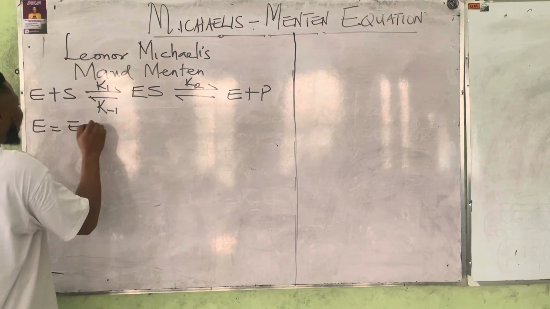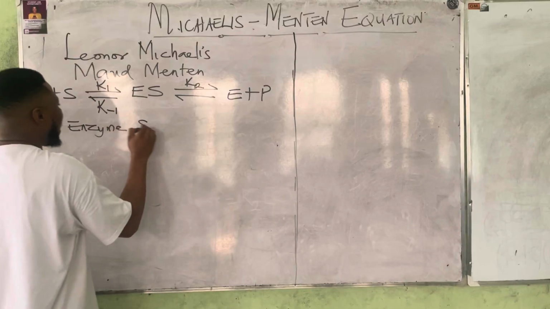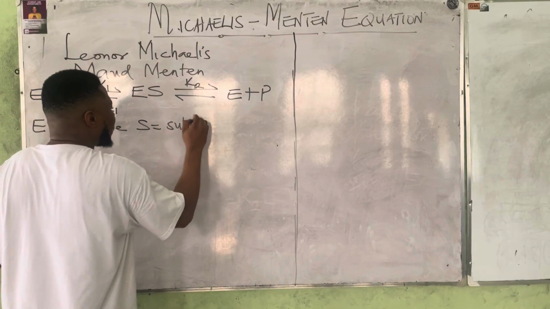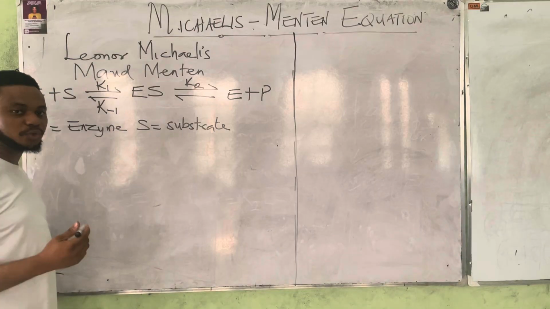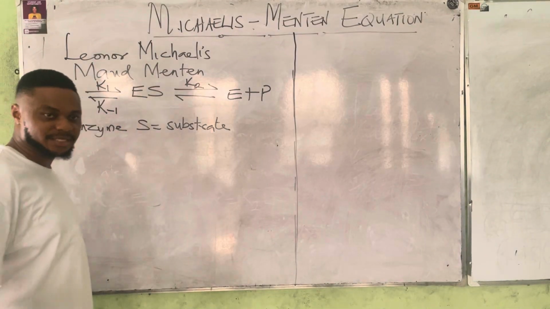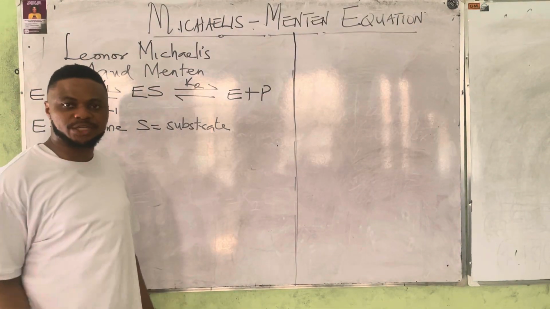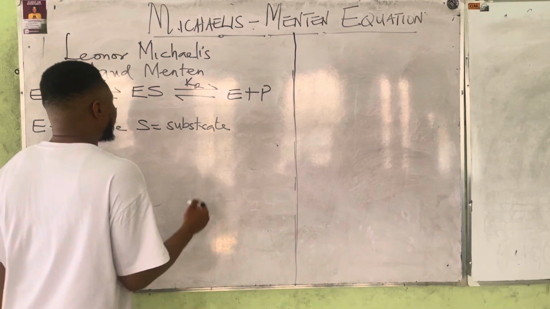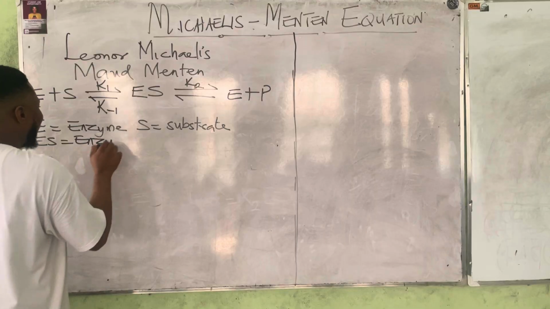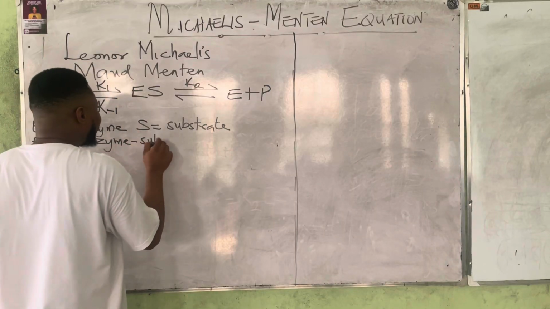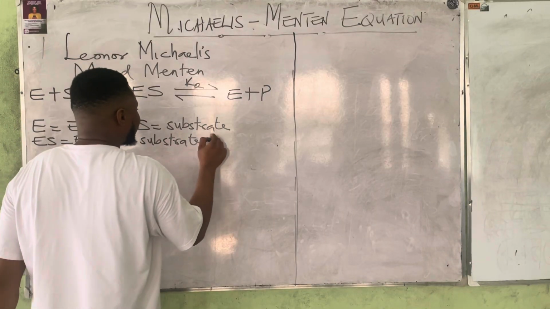The E is your enzyme. S is called the substrate. Remember that enzymes always bind with substrate in an active site to produce a biological response. Are we together? Yes. So ES is called the enzyme substrate complex.